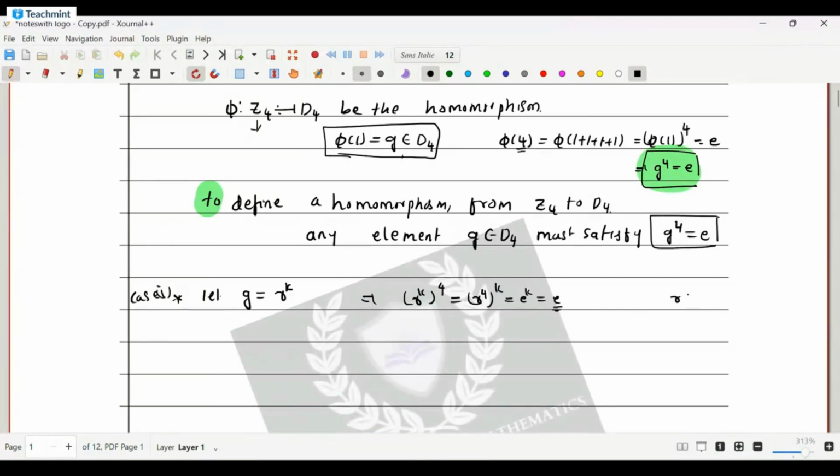Since R belongs to D4, R power 4 is equal to identity since R is the rotation, kada. So therefore every rotation, అంటే E satisfy చేస్తుంది, R satisfy చేస్తుంది, R square and R cube. So therefore every rotation satisfies the above relation.